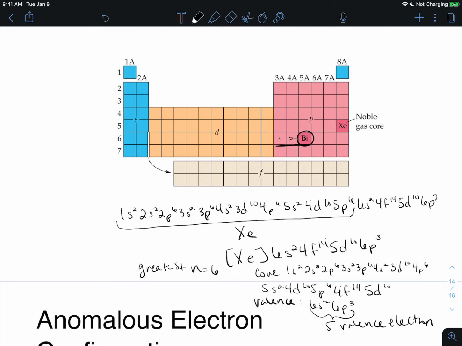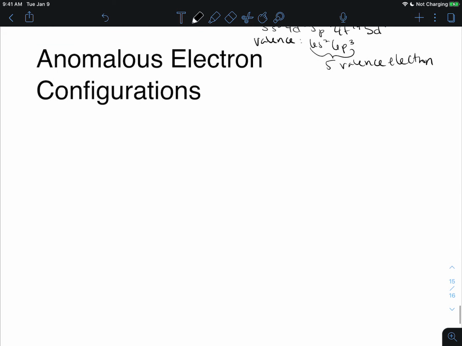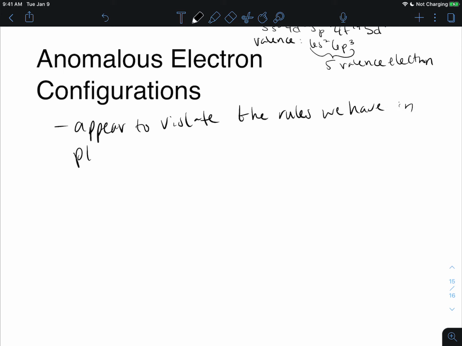Okay, let's look at a couple of anomalous electron configurations, so things that don't quite obey the rules. These appear to violate the rules we have placed in place for our electron configurations.